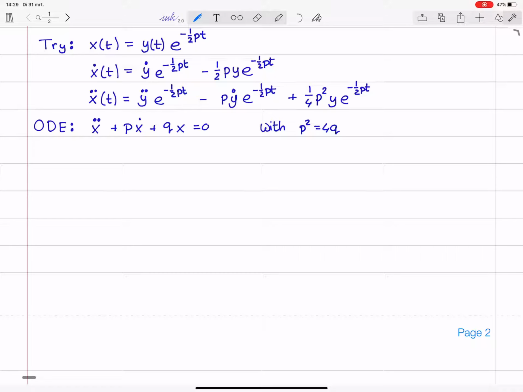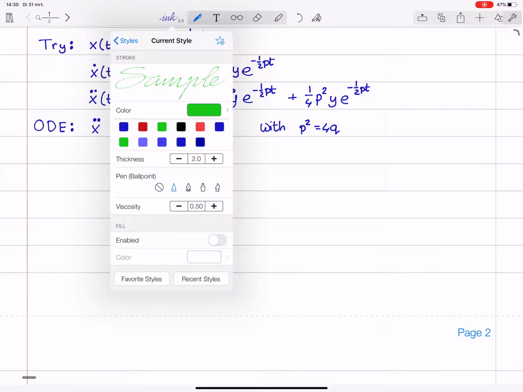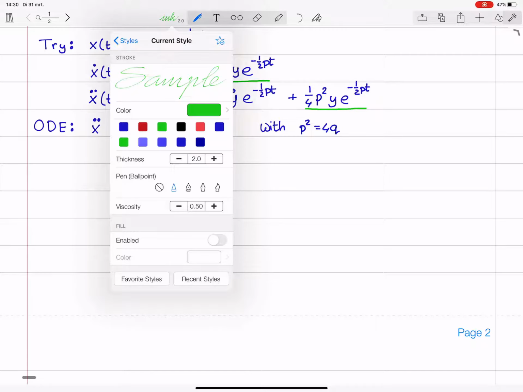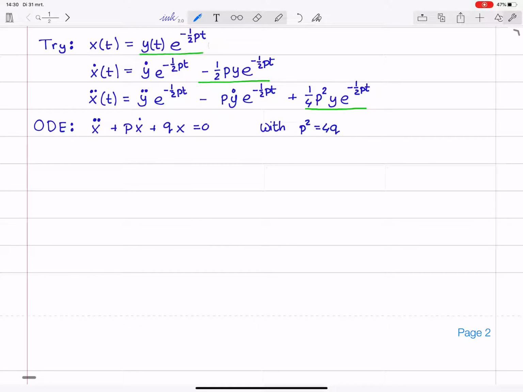So let's substitute that, and I will group now the terms with the same derivative for y. So let's first group all the terms that we will have with y itself. So here I have a term with y. Here a term with y is produced. And this original function contains y. Okay, so let's substitute that.